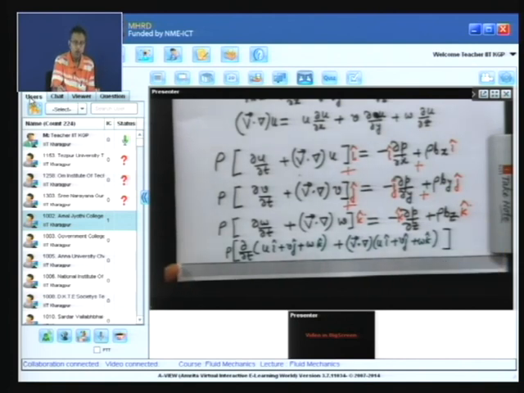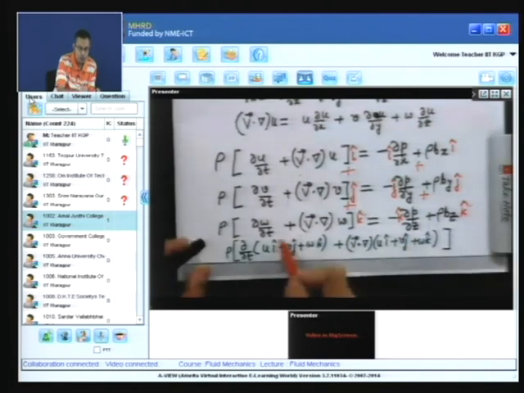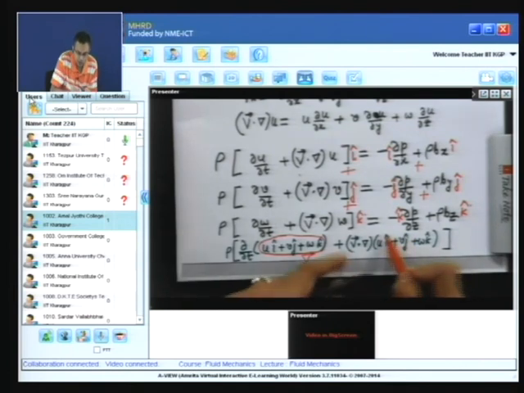So what you can see from here in the left hand side, u i cap plus v j cap plus w k cap, this is the velocity vector V, and this also, u i cap plus v j cap plus w k cap, that is also velocity vector V.